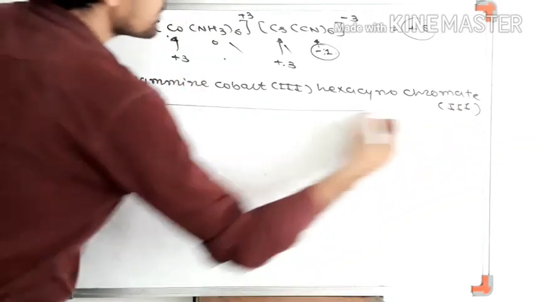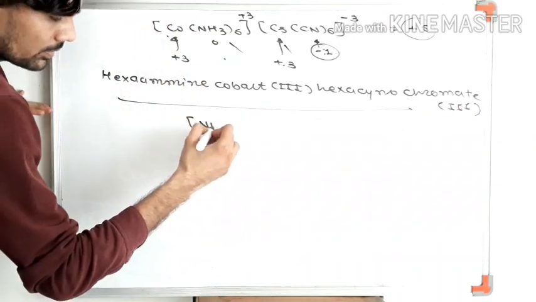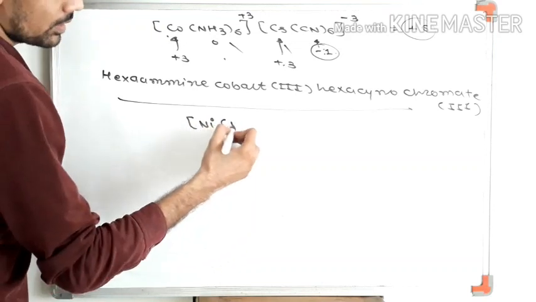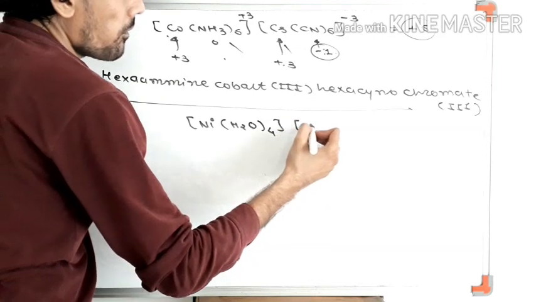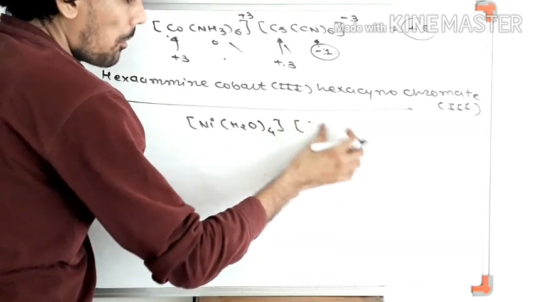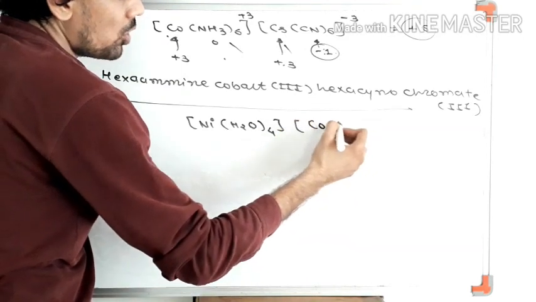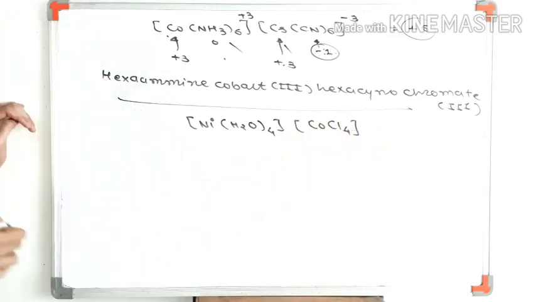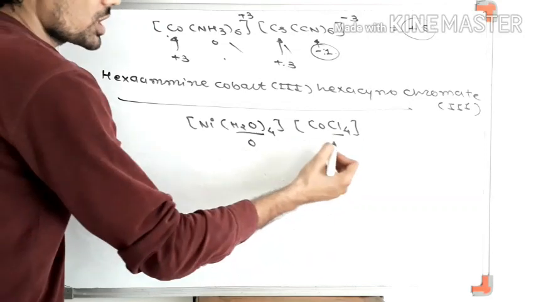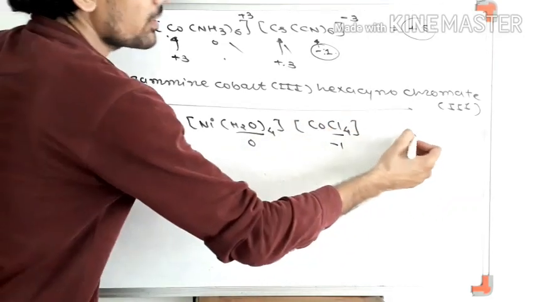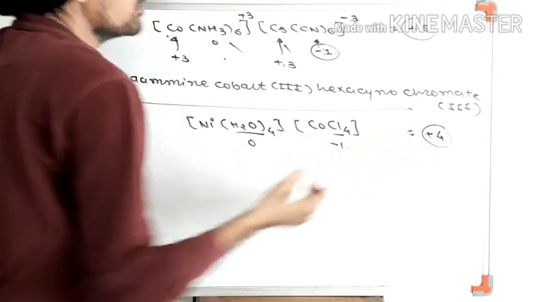Clear? Like this, [Ni(H2O)4][CoCl4]. The oxidation number of H2O is 0. The oxidation number of Cl is -1. -1 4 times is -4, so the other side is +4.